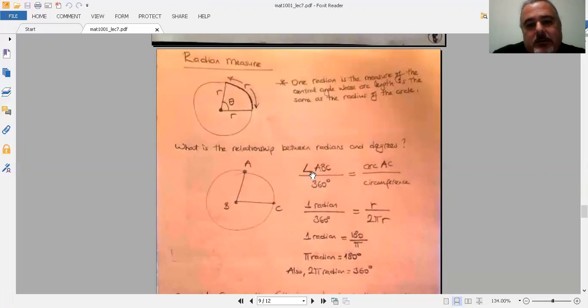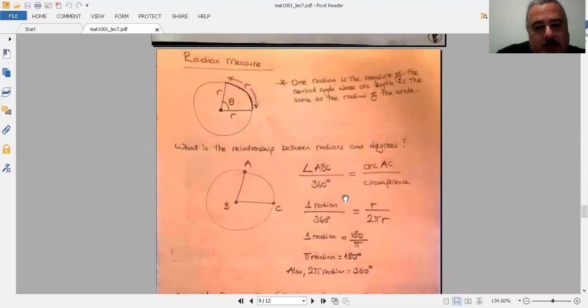So this angle over 360 is this arc over circumference. This is the relationship between angles and length.